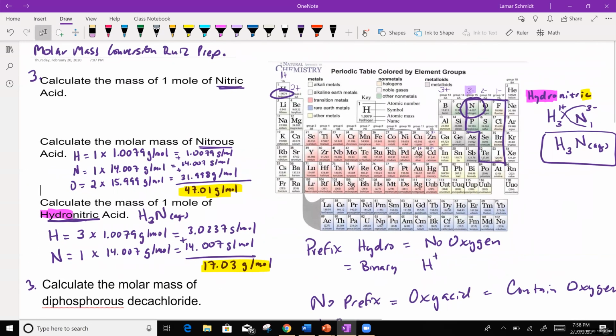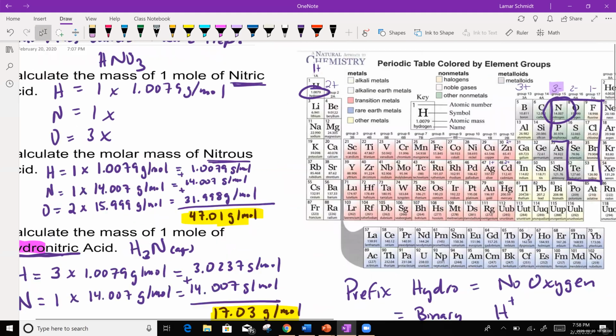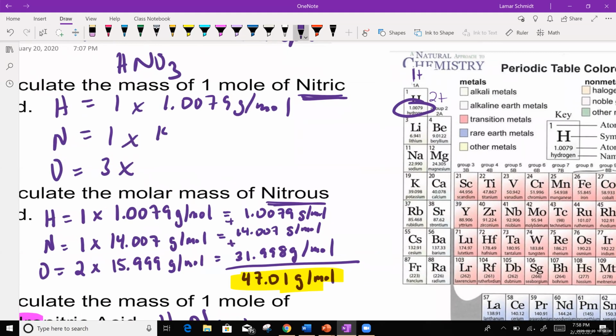So we have HNO3, and all we simply do is find out what's in nitric acid. Let me see if I can get myself a little more room here. HNO3. So you have hydrogen, nitrogen, and oxygen. And you have 1 hydrogen, 1 nitrogen, 3 oxygen. And so you simply multiply this out. You find these from your periodic table. Nitrogen is 14.007 grams per mole.